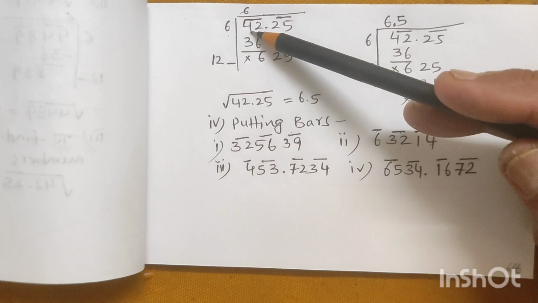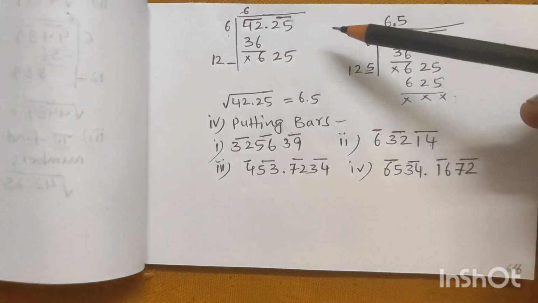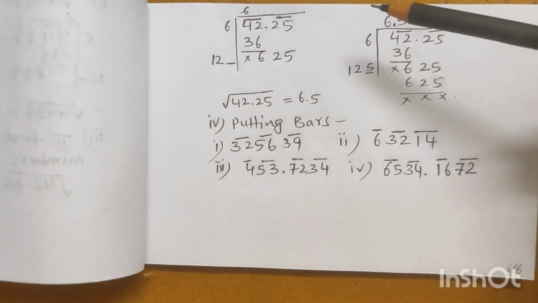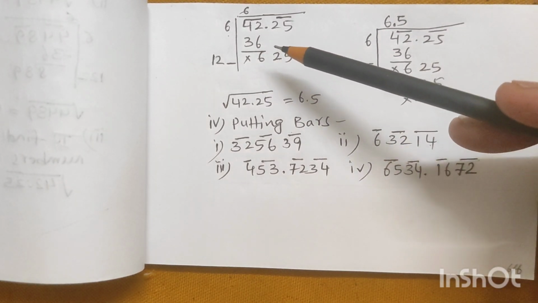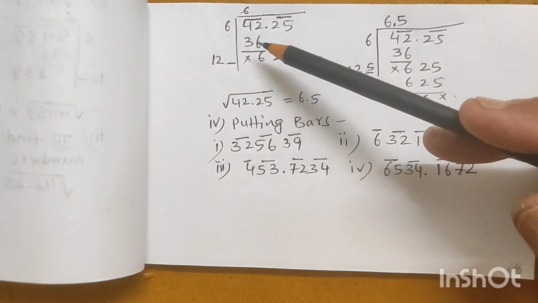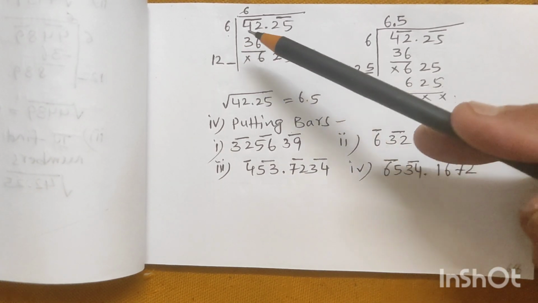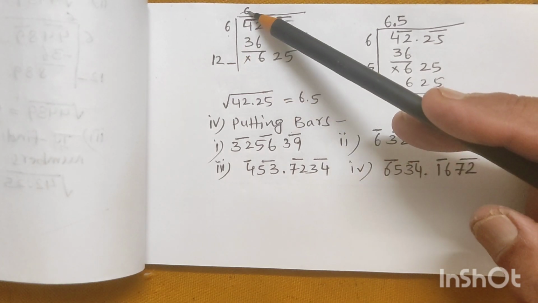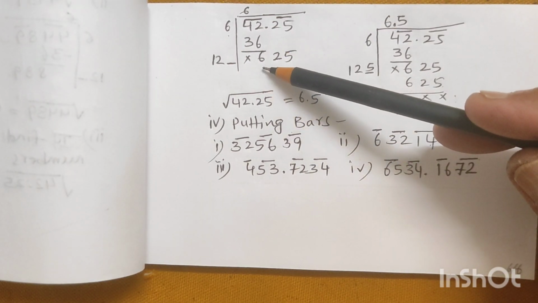Then before decimal we put bar here on 2 digits. So in total there are 2 bars. Now taking up the first bar 42, we have to find the number whose square is less than or equal to 42. So we put 6 here, write 36 here. Subtracting, we get 6.